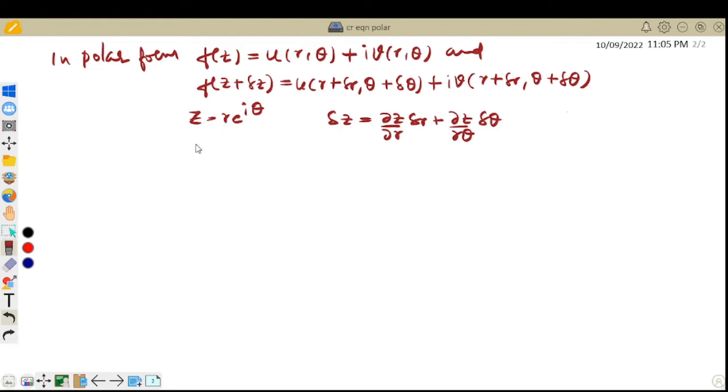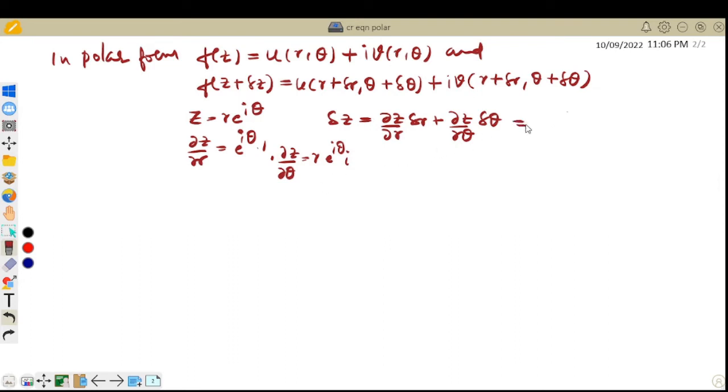What is the value of dou z by dou r? With respect to r, e^(i theta) is constant, and derivative of r is 1. Similarly, what is dou z by dou theta? Here r is a constant. Differentiation of e^(i theta) is e^(i theta) times i, so you will get i r e^(i theta).